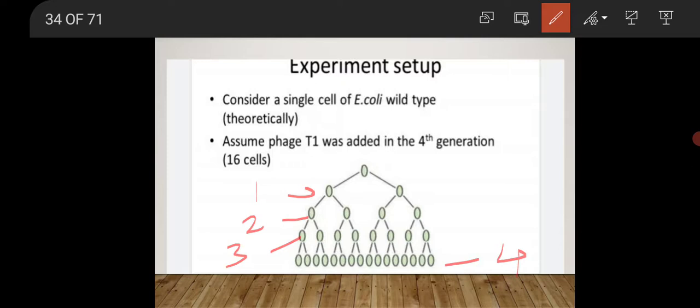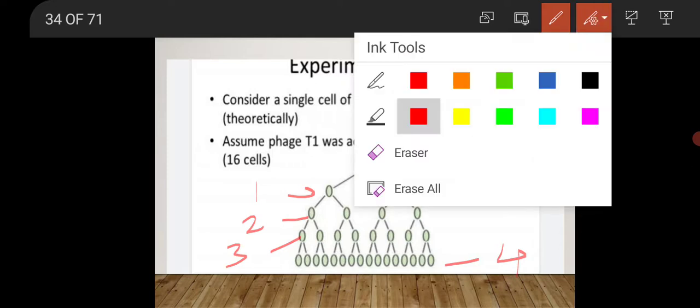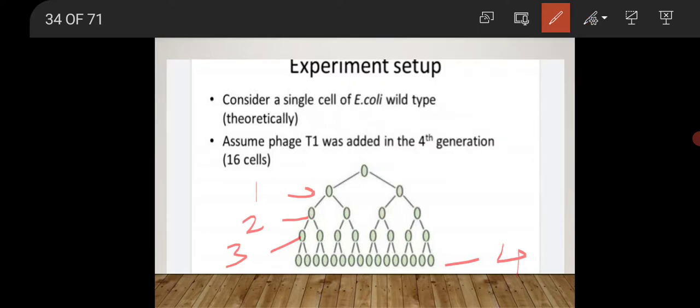In the first generation the cells developed are 2 in number. In the second generation 4 cells have been developed. In the third generation 8 cells, and in the fourth generation 16 cells have been developed, from this single E. coli strain.